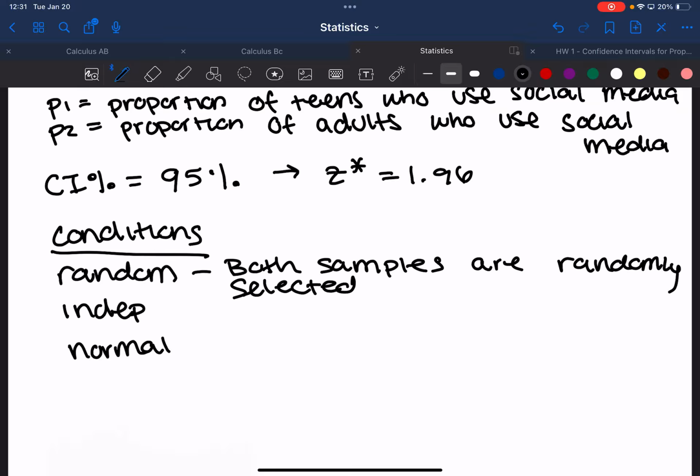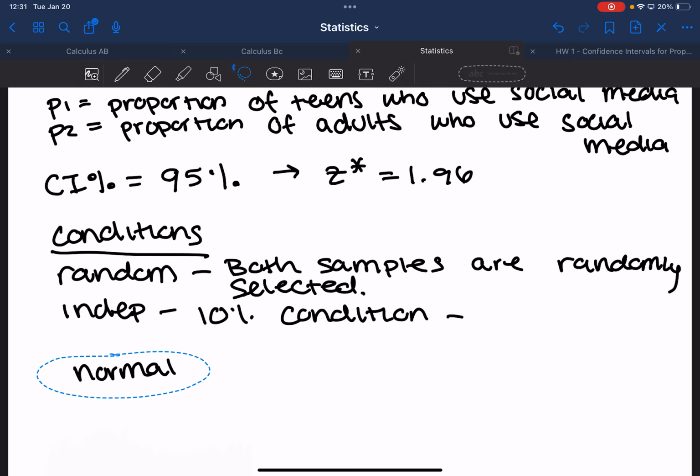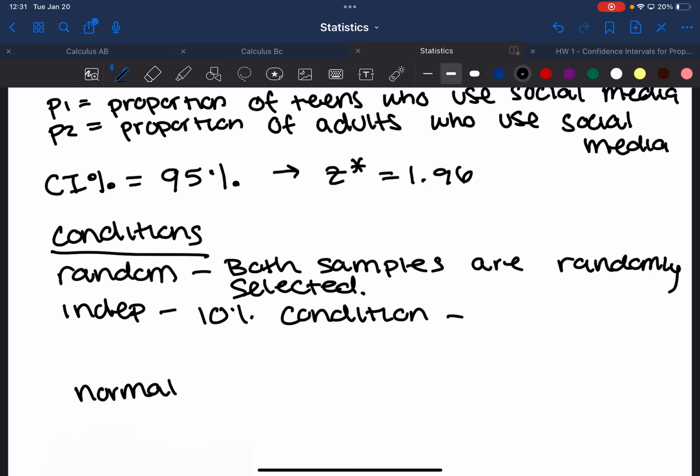That's all we got to write. Okay. For independence, what condition is that? 10%. Okay, we gotta memorize those. So if you're having trouble, I would do some studying.